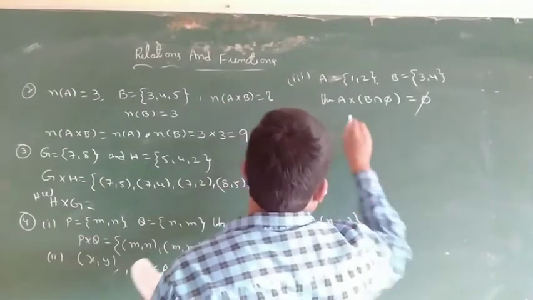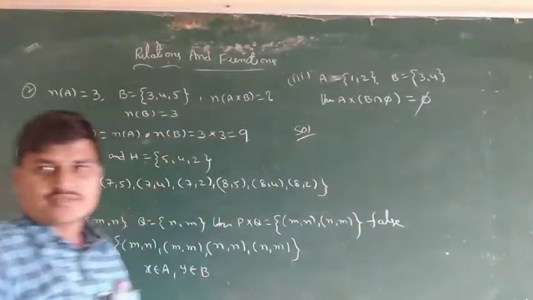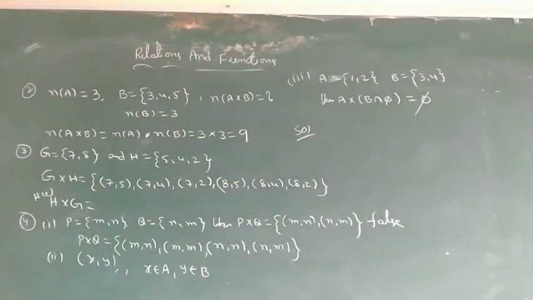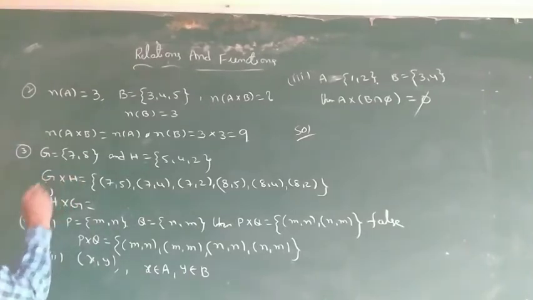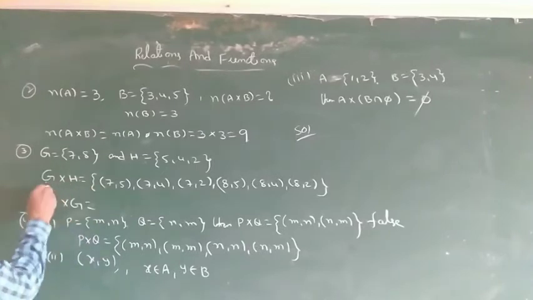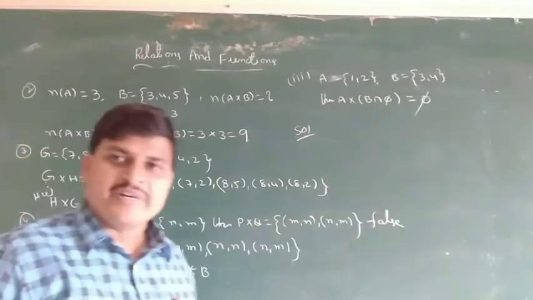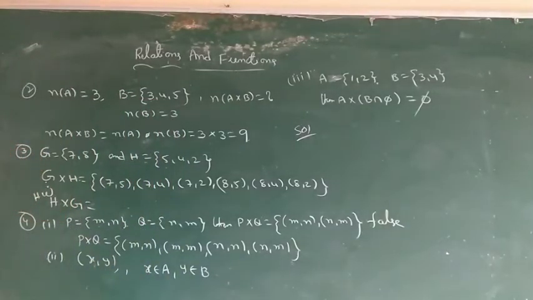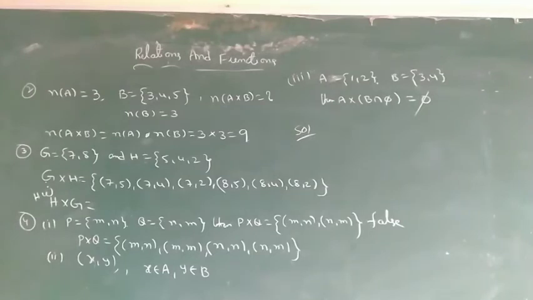Correct? Correct. Because in G cross H, G is a non-empty set, H is a non-empty set. If either G or H is the empty set, then the Cartesian product is also empty.